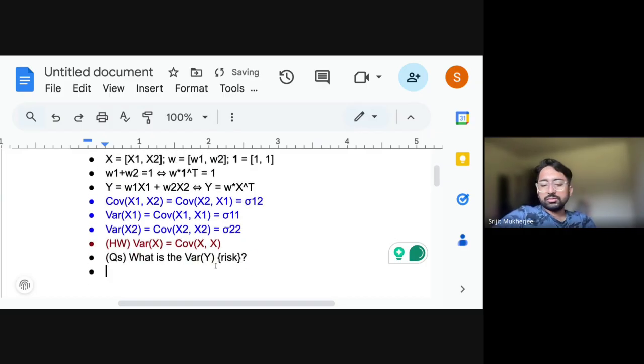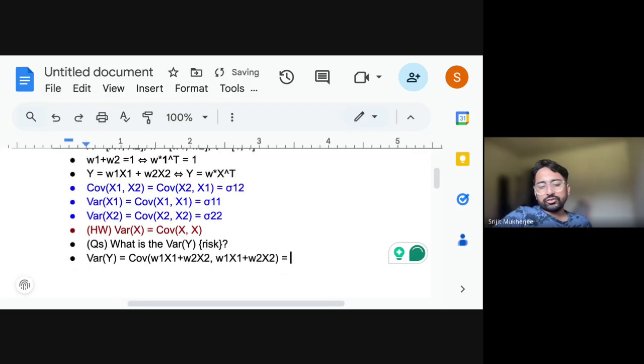So what we do, we do the basics. The variance of y is nothing but the covariance of w1 x1 plus w2 x2 with this same thing. The covariance is something like a dot product of two vectors.